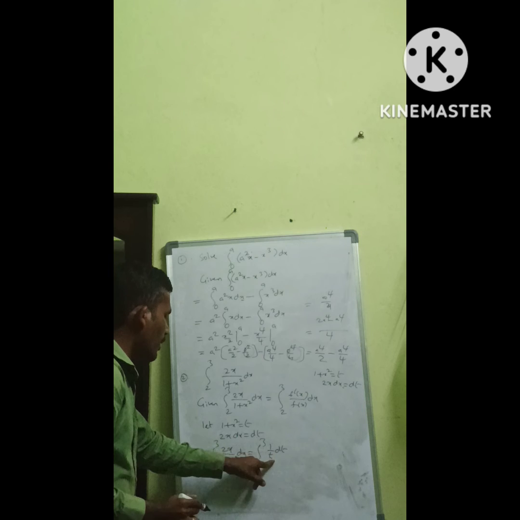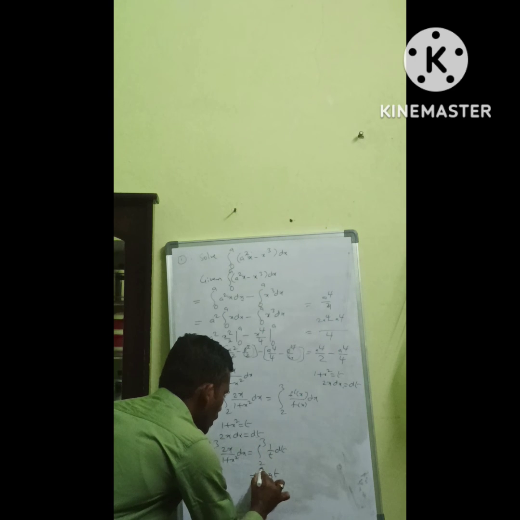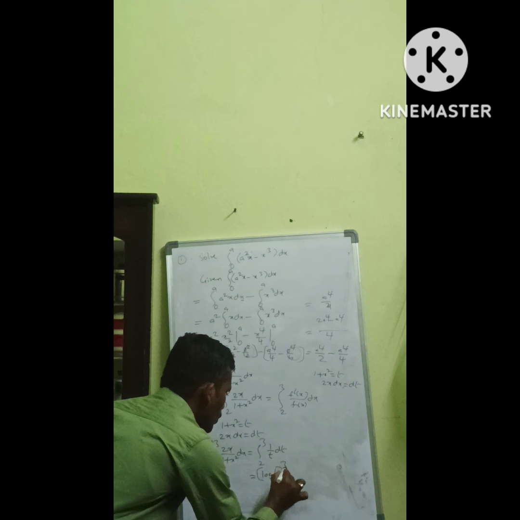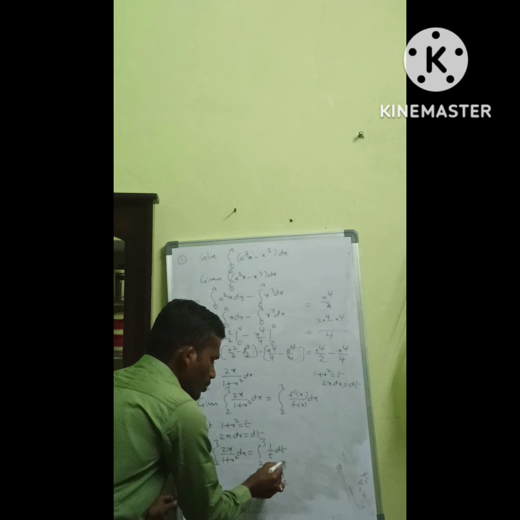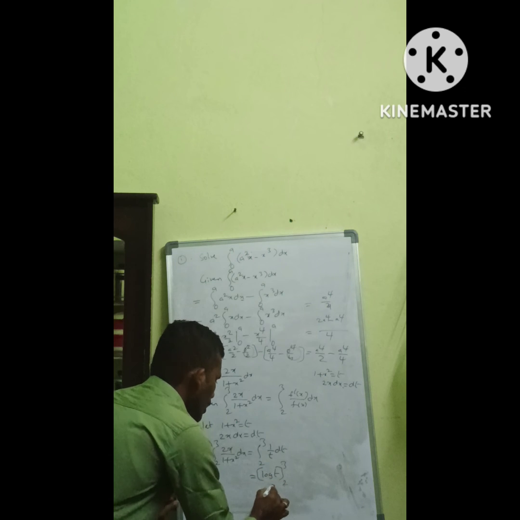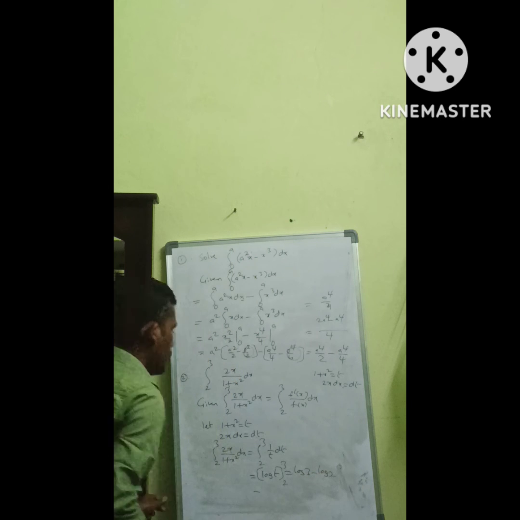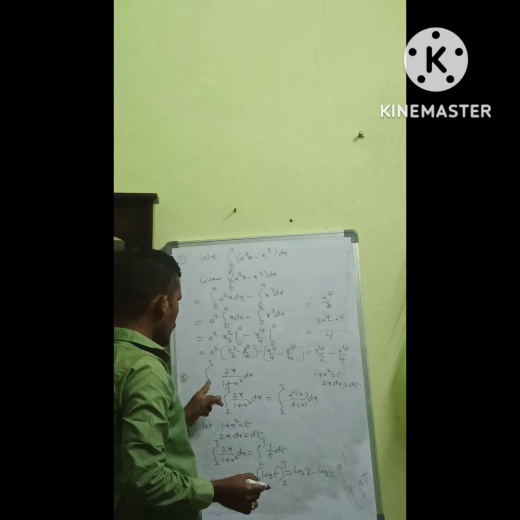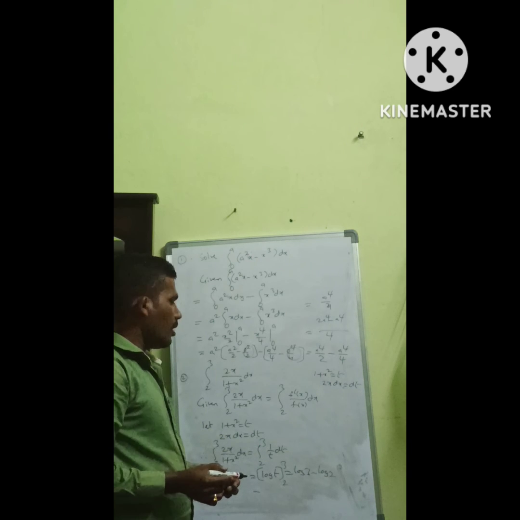Then integration of 1 by t is log t, the limits are 2 to 3. Upper limit is 3, lower limit is 2. So first we substitute upper limit minus lower limit. What will we get here? Log 3 minus log 2. So for the given problem, the answer is log 3 minus log 2.